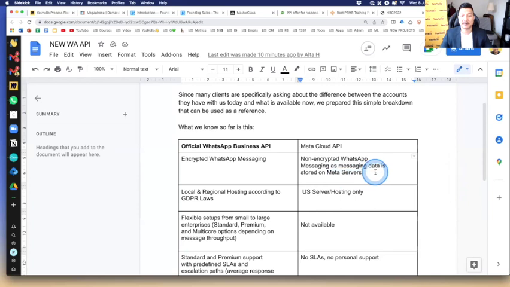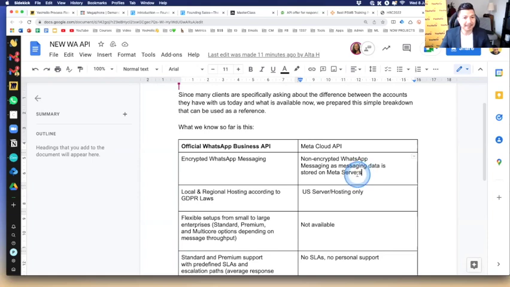This is interesting. The reason why they're doing this is so that the resellers don't have to store it on the reseller servers. So this one is on the Meta servers, but in return, well, it's not 100% encrypted, but it doesn't really affect most SMEs who use this because, unless you're in banking or those really high profile industries, then maybe it's a concern.